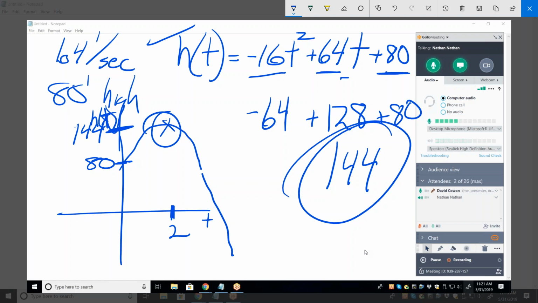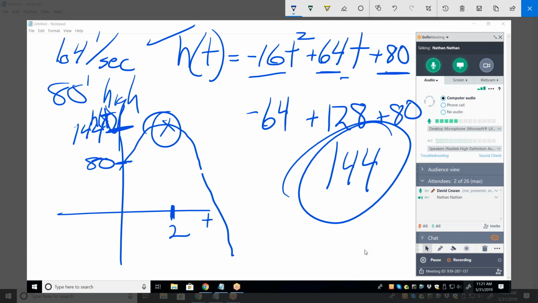You'd want to know if you were inside a building whether you're going to hit the roof or not. So here's a classic case where you can use quadratics to determine something in life. And you'd want to know whether you hit it at exactly 2 seconds.